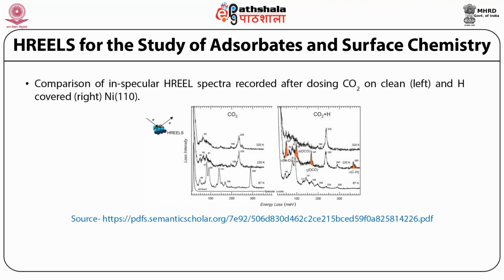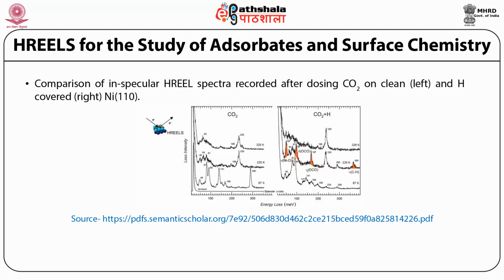Comparison of in-specular HREELS spectra recorded after dosing CO2 on a clean surface, left, and an H-covered surface, given on the right side, of the nickel 110 plane. In this slide, there are two patterns which have been shown.